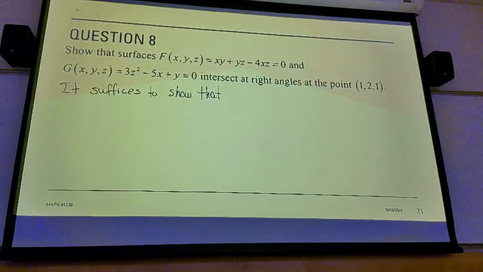The dot product of their normals is 0. Tell me about the planes themselves, not their normal vectors. I'll get to the normal vectors. Their normals are at right angles. So what about the planes themselves? The planes themselves are at right angles.